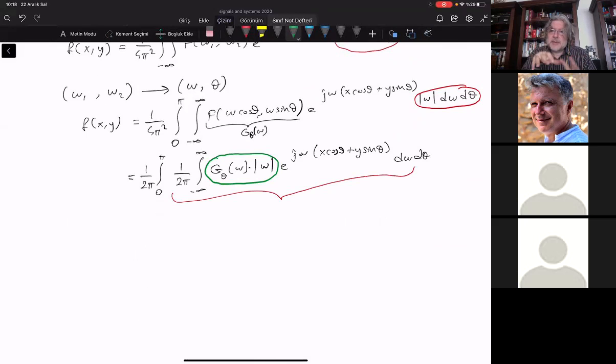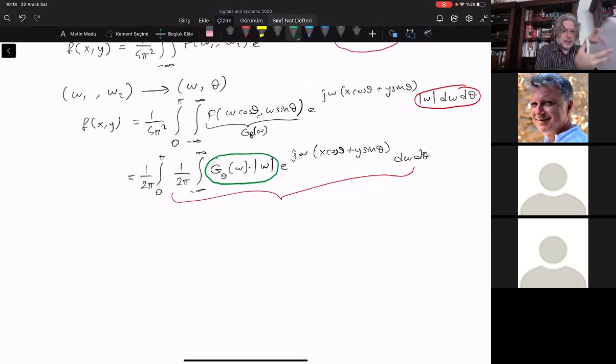If I multiply in the frequency domain, the corresponding inverse Fourier transform of that, which is the red curly bracketed place, will correspond to a convolution of two signals. One of them is the inverse Fourier transform of g theta of omega, which is g theta of s. The other one is the inverse Fourier transform of the absolute value of omega. Those two must be convolved.